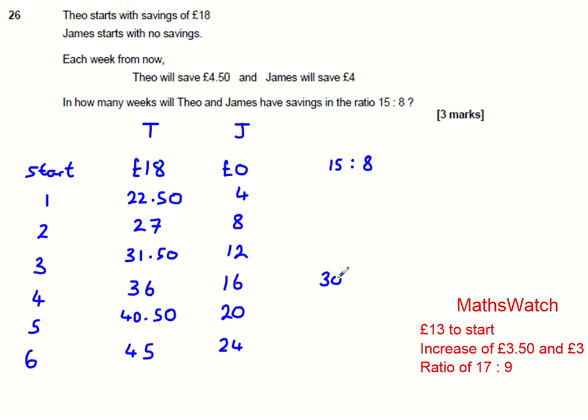That would be matching up with that point there, which you could see the 30 didn't match the 16, the 30 didn't match the 36. If I multiply both these numbers by 3 I get 45 and 24, and those numbers both match, so it took them a total of 6 weeks. So that's my answer, 6 weeks.